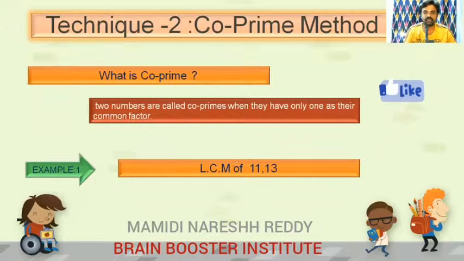So the LCM of 11 and 13 is just to multiply them. 11 into 13. How much is that? 143. The product of 11 and 13 is 143.